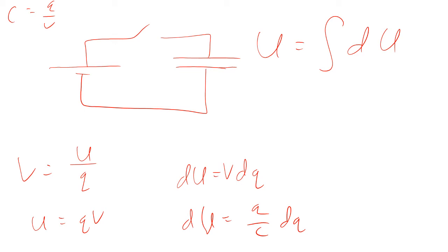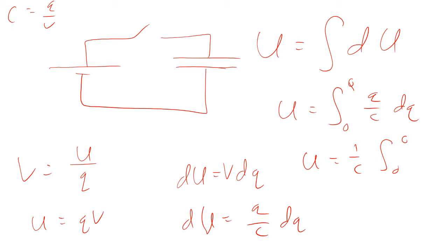So if I put that all together, this is the integral from 0 to the final charge Q of Q over C dQ. Well, we know how to do integrals. So 1 over C comes out, so the integral from 0 to Q of Q dQ. So that's going to be 1 over C times 1/2 Q squared. In other words, the energy stored in the capacitor is Q squared over 2C.